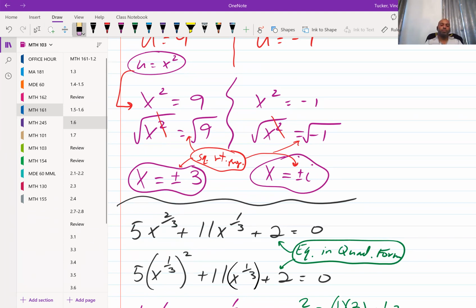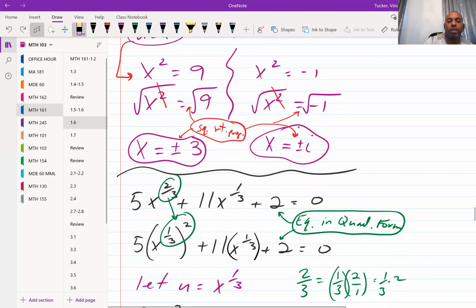All right. Next one, we have a similar scenario. Once again, we have an equation in quadratic form. Here we have 5x to the 2/3 power plus 11x to the 1/3 plus 2 equal to 0. So we have x to the 1/3 in our second term, and our leading exponent is 2/3. Well, that's actually 2 times 1/3, or x to the 1/3 raised to the second power.